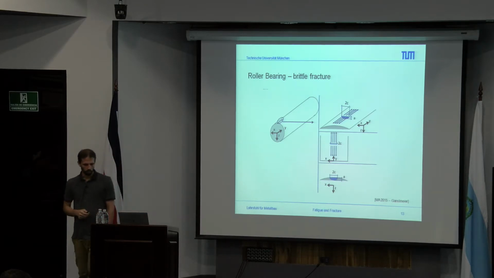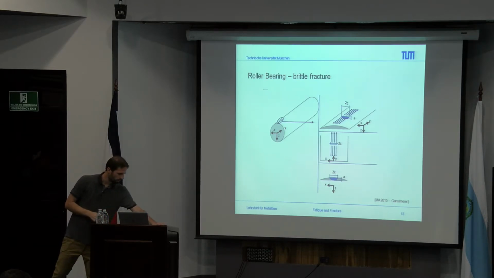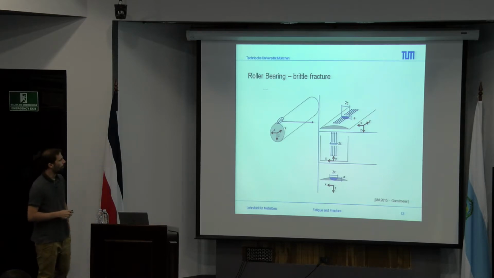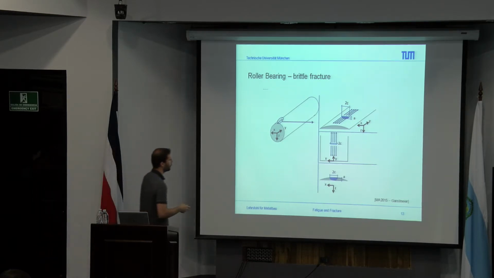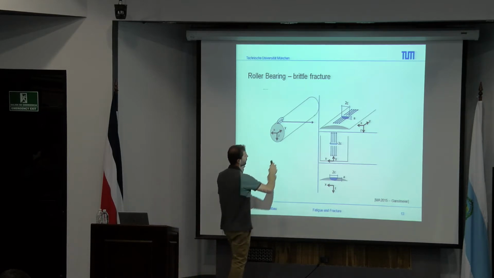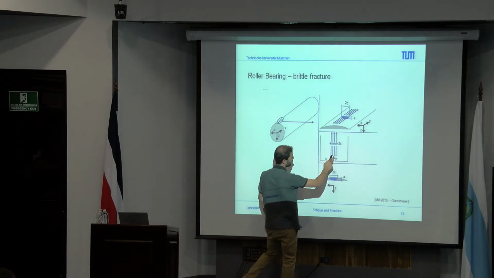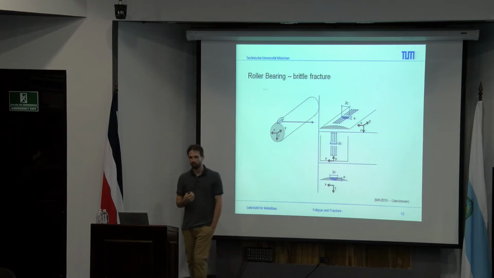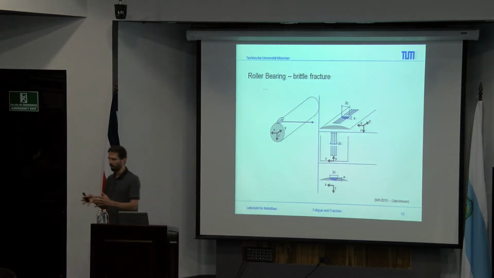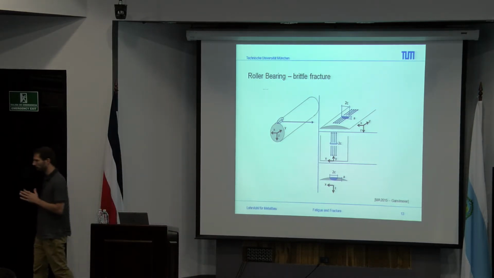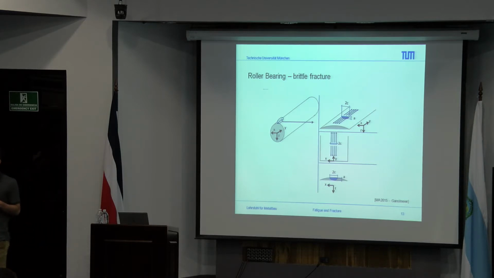So which model is going to be applied? As we said before, we have here the stresses which are going in this direction. We said before that the most important case for crack growth at the end will be the K1 mode.